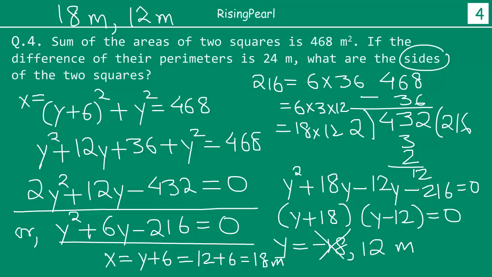Once you have the right quadratic equation, then find out the roots using middle term factorization or completing the square. At that point, you have to look at the question and see which of the roots make sense, right? And then make sure all of the details that the question is asking, that you are answering each and every bit of all the aspects of the question.